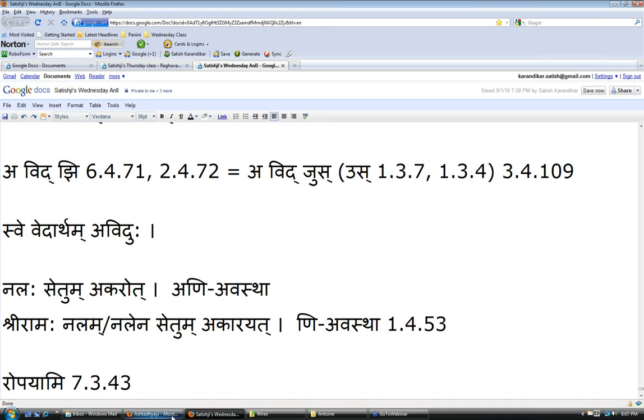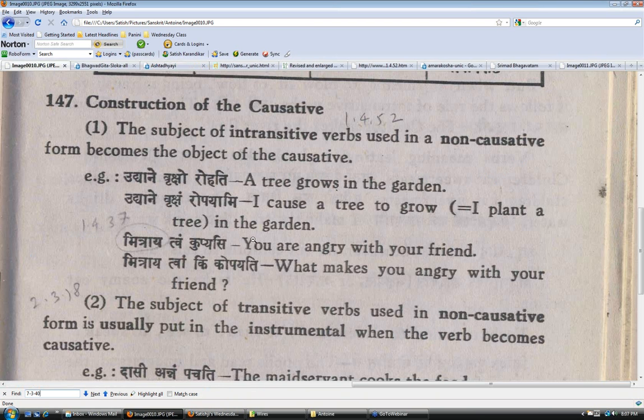That's what the book is saying: ropayami, I make the tree grow.